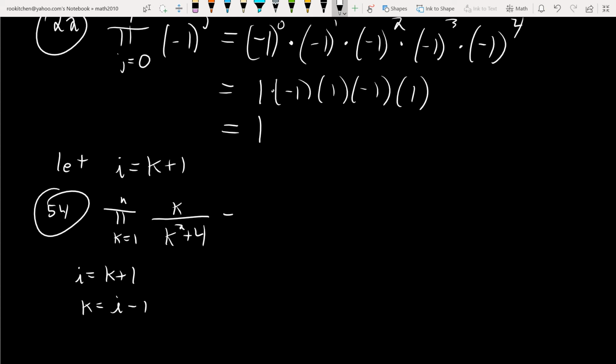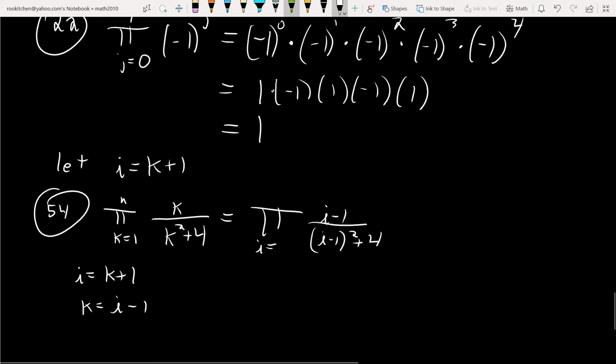Okay, so in my new product, I'll be going from i equals something to i equals something, and I'm replacing the k in the formula with i minus 1. And then you're plugging these numbers for k into the formula for i. So I will go from 2 to n plus 1.